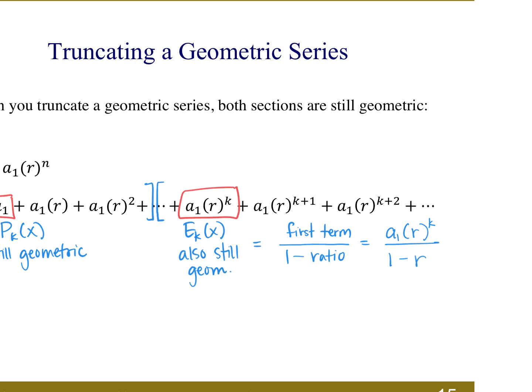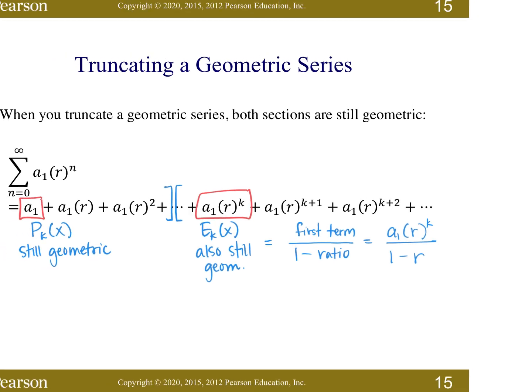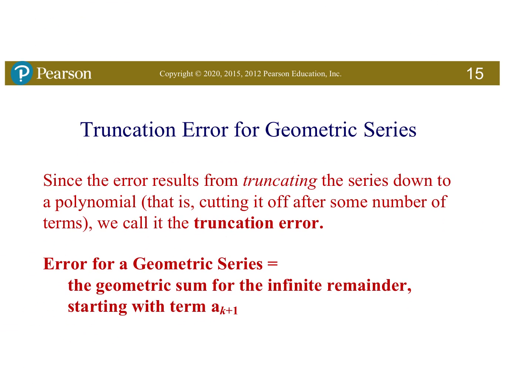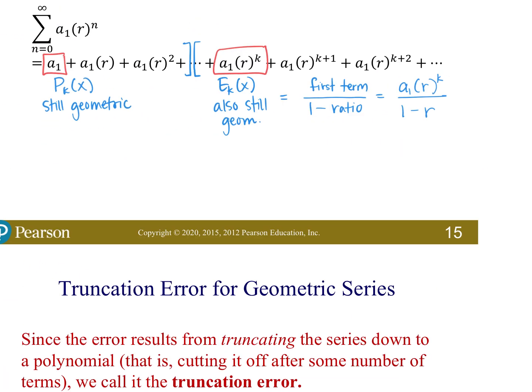So your numerator changes because you're starting at a different spot. That is the definition for error when the thing is geometric. You just start at that term, and that becomes your numerator.